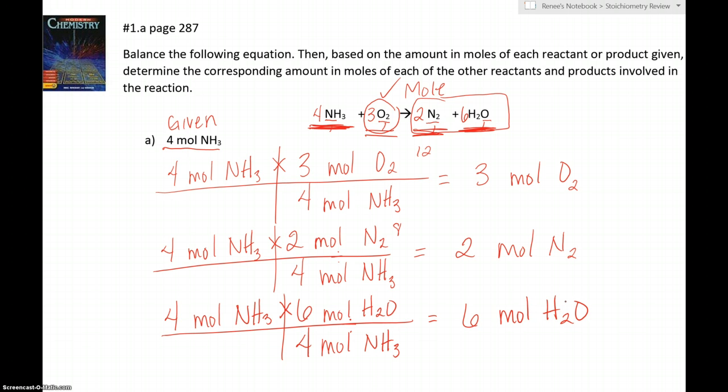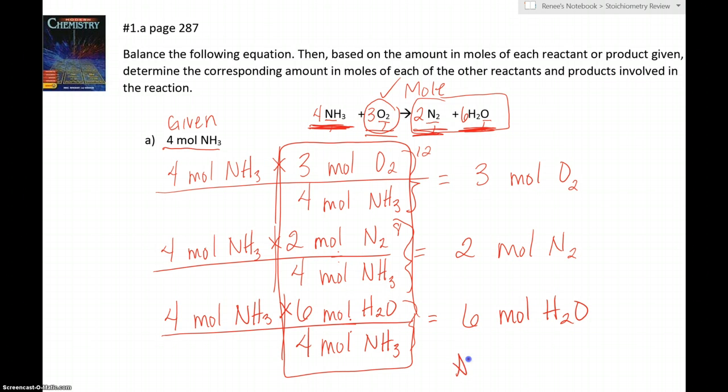All right, and just to refresh, this mole to mole that we're seeing in this step, basically this whole step, is what we call our mole ratio. Here we are relating the moles of one of the products or reactants to the moles of another product or reactant. And you're going to see that in every single stoichiometry problem.